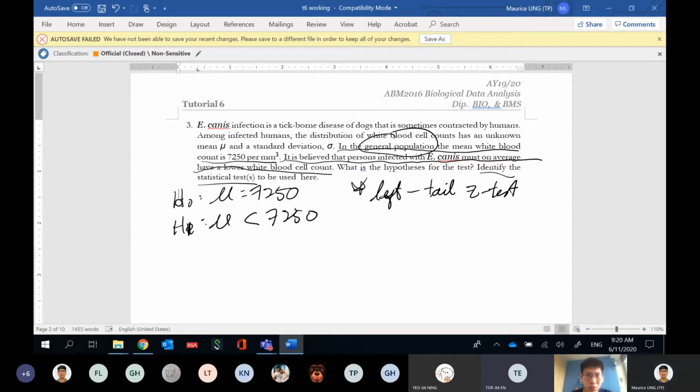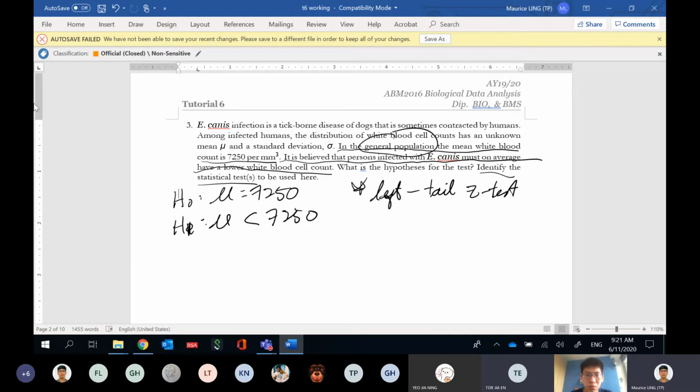But then if we don't know the sigma, how do we use the T test?